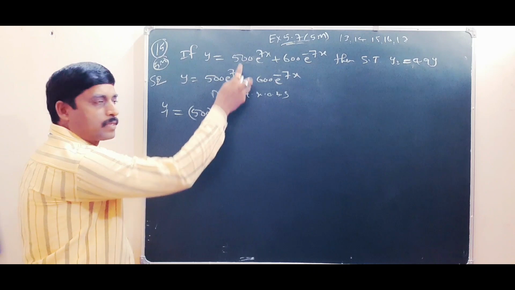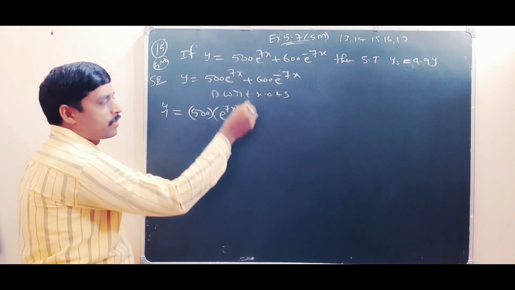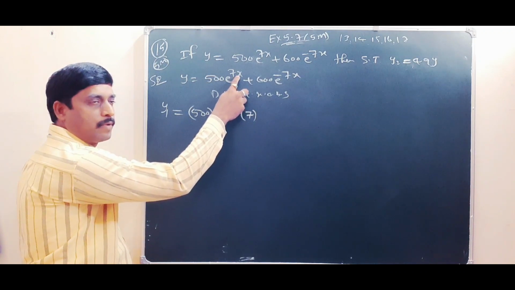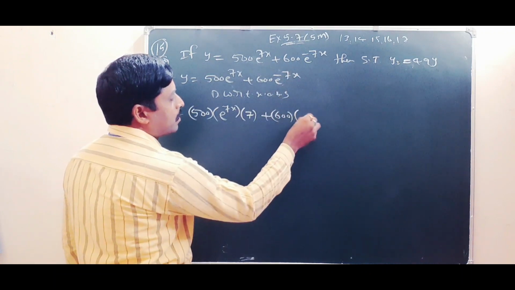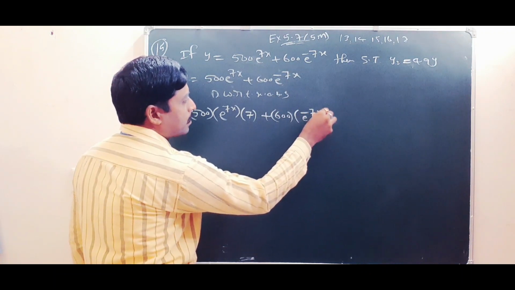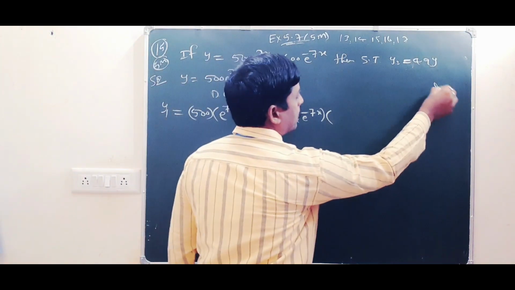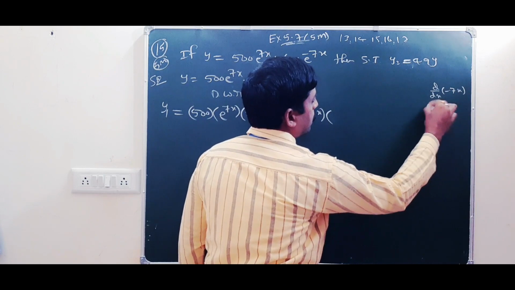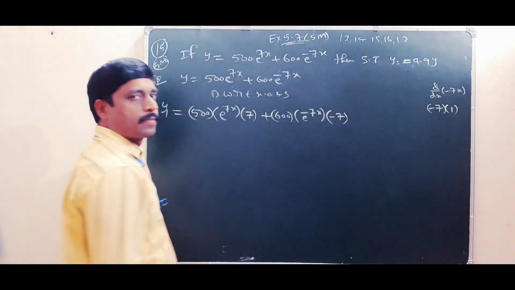Differentiation of e to the power 7x is e to the power 7x into differentiation of 7x, where 7 is constant and differentiation of x is 1. 600 into the derivative of e to the power minus 7x is e to the power minus 7x into differentiation of minus 7x. Differentiation of minus 7x is minus 7, constant, and differentiation of x is 1. So this is minus 7.